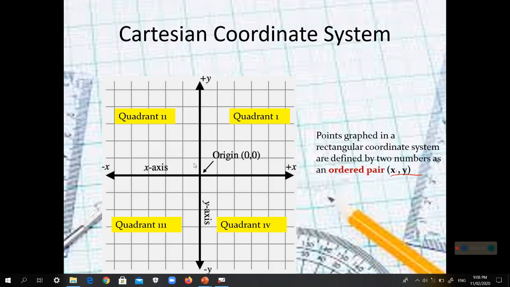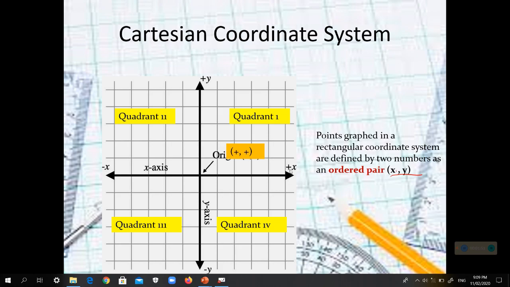And as I have said in the previous video, we have the ordered pair, (x, y) in parentheses, for you to define a point on our Cartesian plane. Obviously we have different signs for our points.